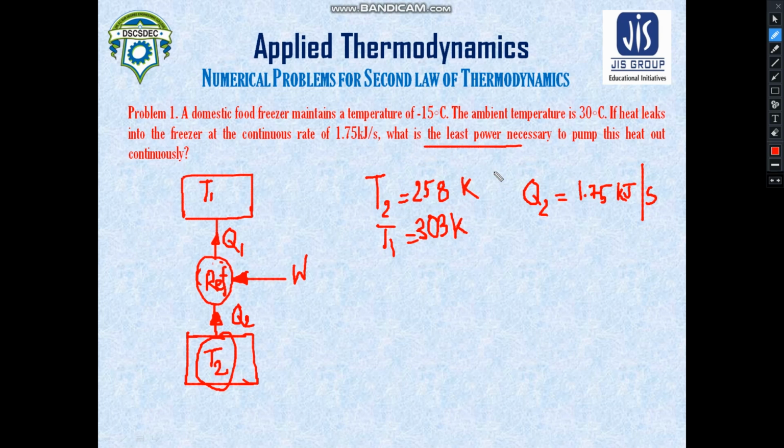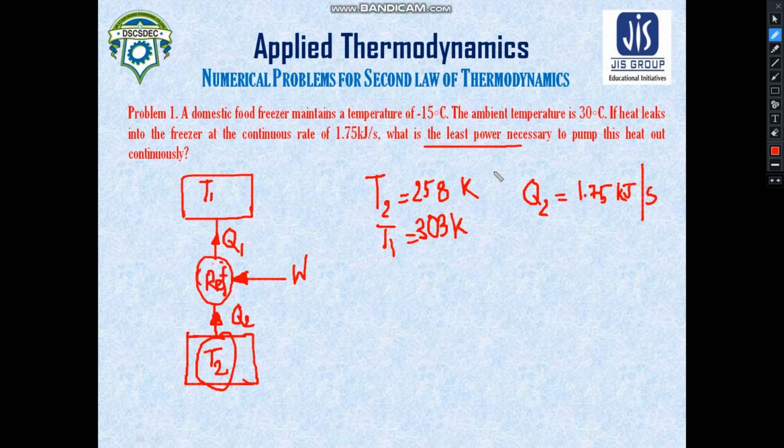Whenever you are talking about the least power requirement for a refrigerator, it is trying to indicate a reversible case. In case of heat engines, reversible heat engines provide you the maximum efficiency. That means it provides you the maximum work output. Whereas in cases of reversible heat pumps or reversible refrigerators, if it is mentioned as reversible, then the work input which is necessary becomes minimum.